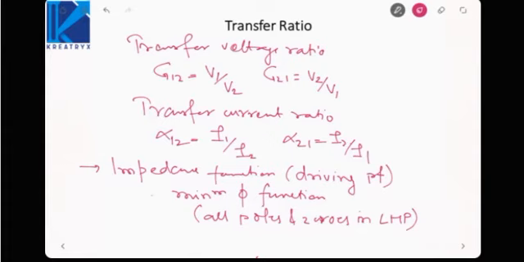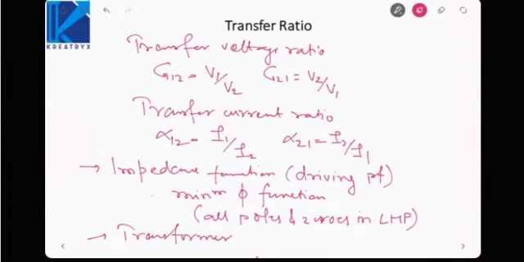Now, as I told you, we define the hybrid and the inverse hybrid parameters where Z and Y parameters cannot be defined. Such is the case for a transformer. Why can the Z and the Y parameters not be defined? Because the primary and the secondary are not directly connected to each other. They are isolated from each other.